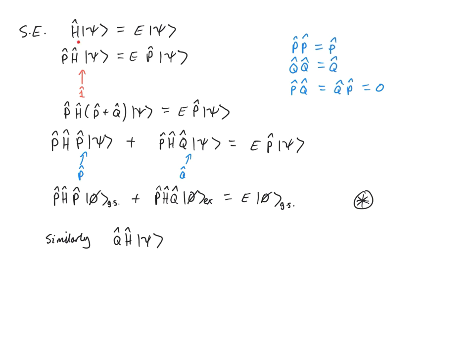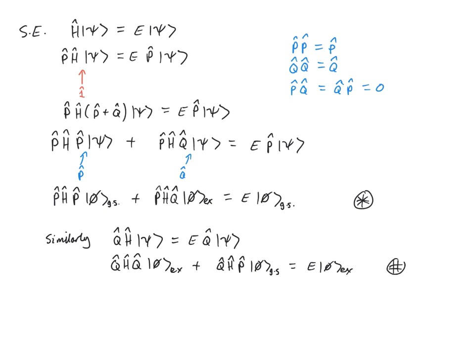Over here we started from the Schrödinger equation and pre-multiplied both sides by P. Now I'm just going to do the same thing, pre-multiplying by Q. On the right hand side I therefore have Q acting on psi, and I just play exactly the same game, and what I will obtain is Q H Q acting this time on phi excited plus Q H P acting on phi ground is equal to E times phi excited. So I'll call that equation hash.